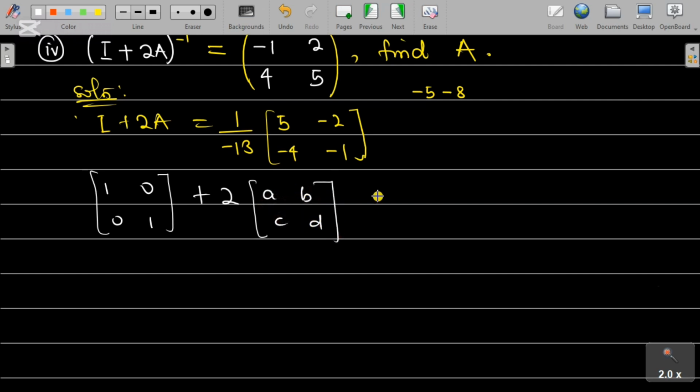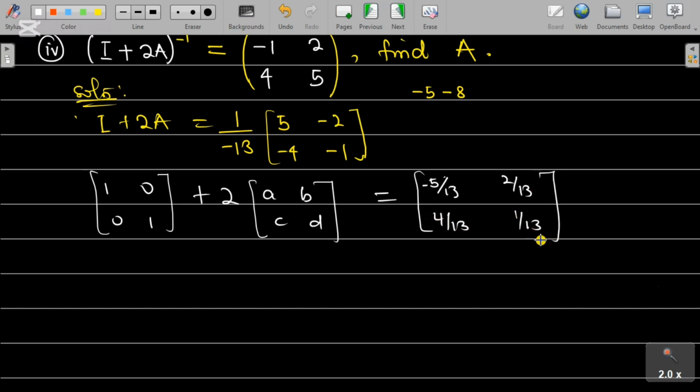And that is equal to, making the other side one matrix, bringing in the 1 over -13, so that will be -5 over 13. This one will be 2 over 13 because the minus will cancel. This one will be 4 over 13, and this one will be 1 over 13.